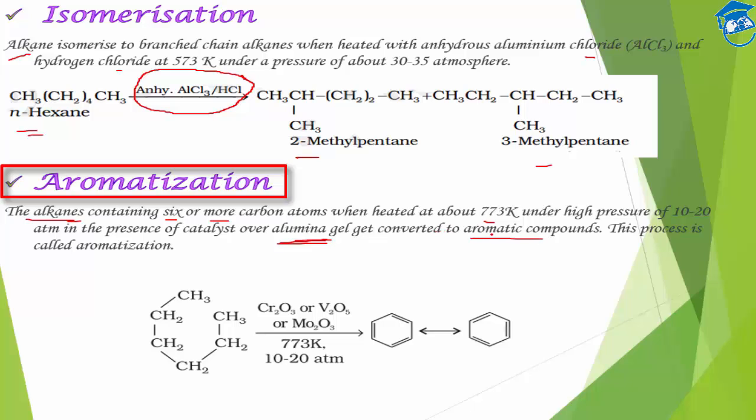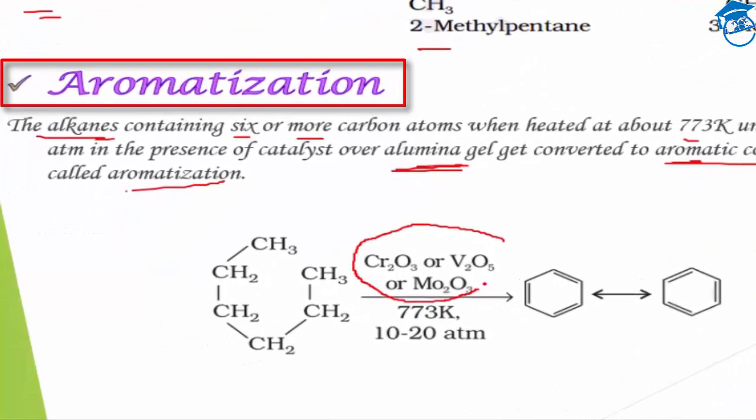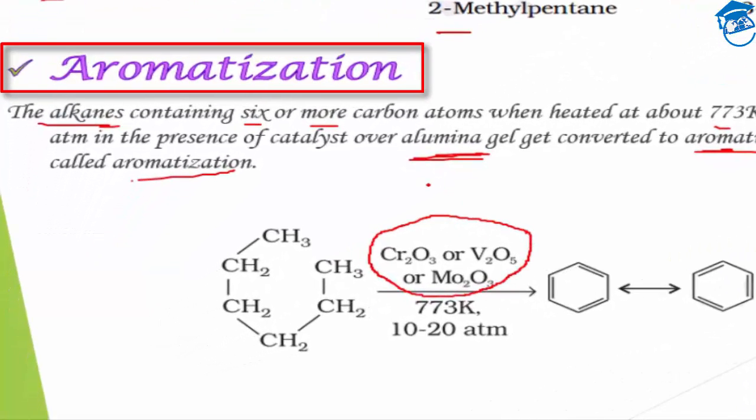We have discussed aromaticity in our previous lecture, so please refer to those videos if you do not recall these terms. This process is known as aromatization, and here we have used various catalysts over the alumina gel.